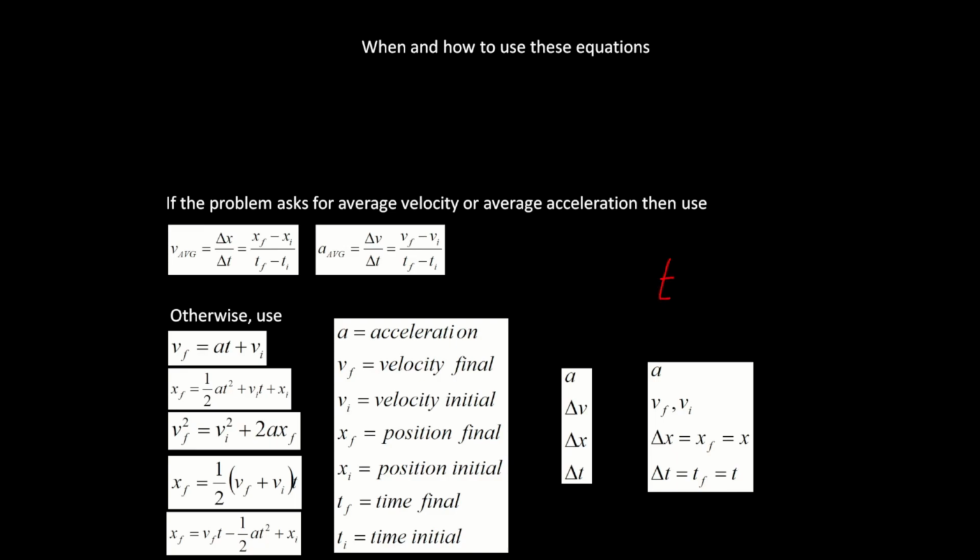You should just assume time is 0 unless stated in the problem. Time is always, for the most part, assumed to start at 0. And so final minus initial gives us, again, just final time. And then we tend to just not write f anymore. And so we get t. T means then our time. And this does bring our variables down. So now we're only dealing with 5.